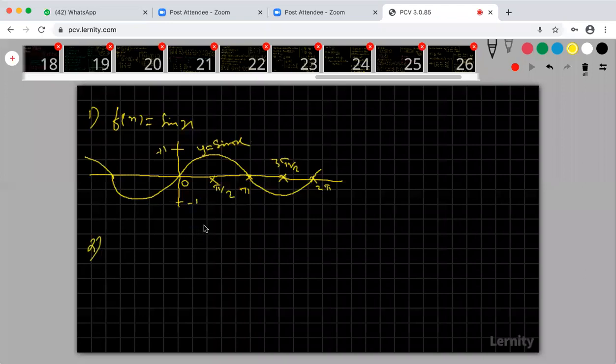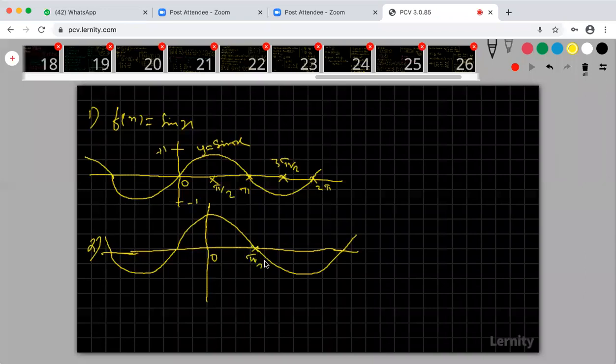The second one, cos x. What is my cos x? The graph of cos x is coming like that. This is 0, here it is pi by 2, where cos pi by 2 is 0. Cos of minus pi by 2 is also 0.